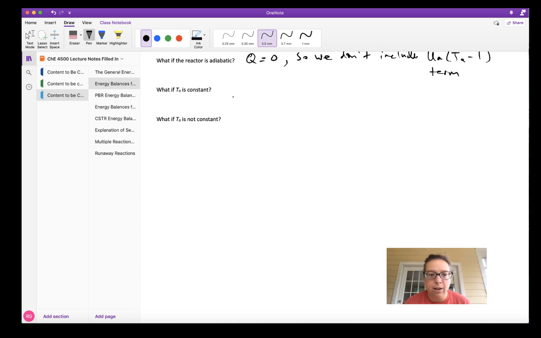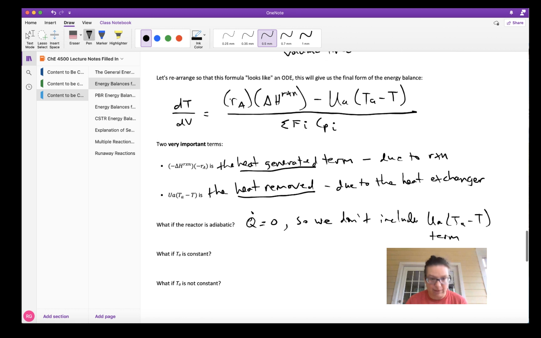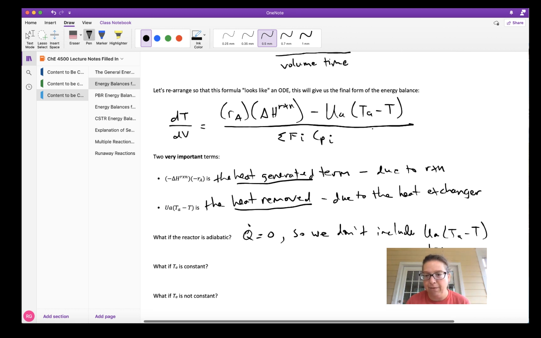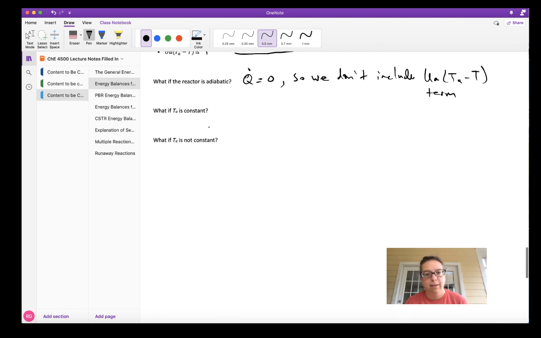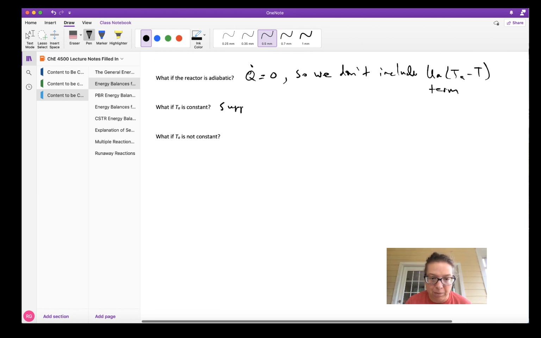So two cases here. One is if Ta is constant. In that case, it's pretty easy. I just supply a value here, and I have just one energy balance. I'm done now.